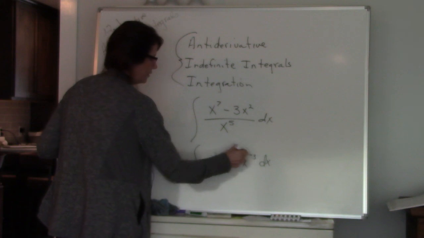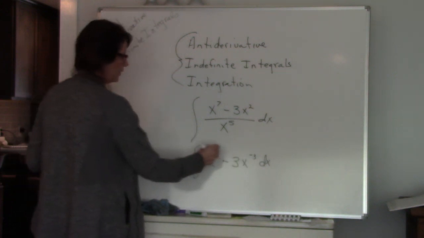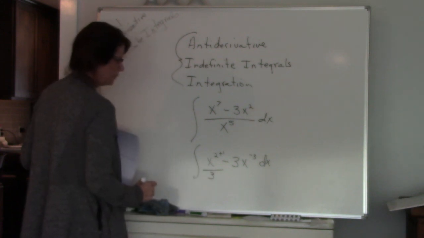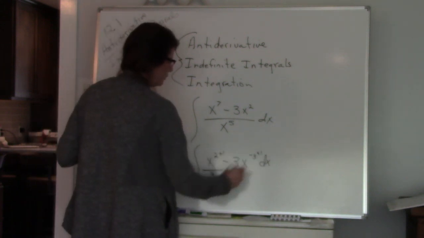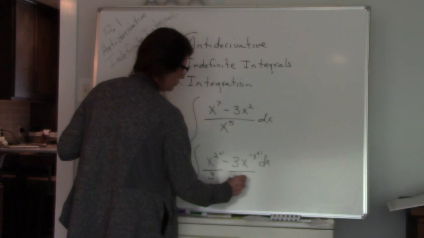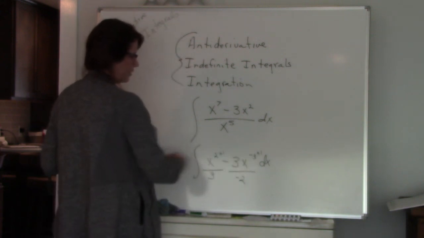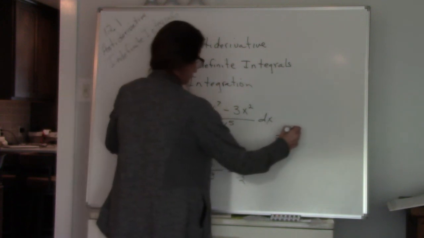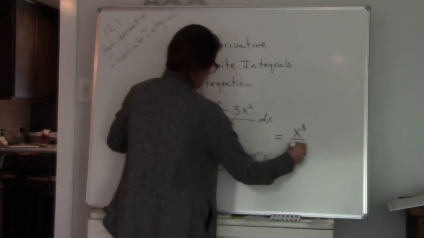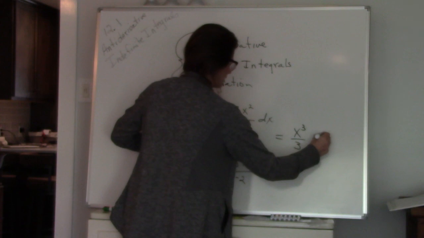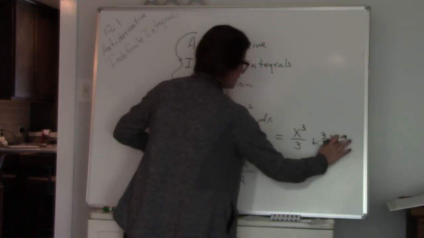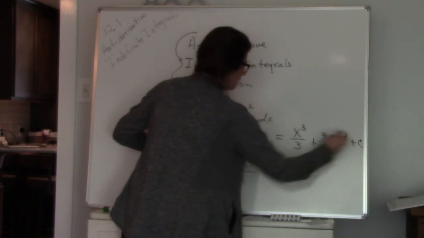That's a negative. Okay? Now I can find the antiderivative. I'm going to add 1 and divide by my new number. Negative 3 plus 1 is negative 2. So the antiderivative is x cubed over 3 plus 3 halves x to the negative 2 plus c.